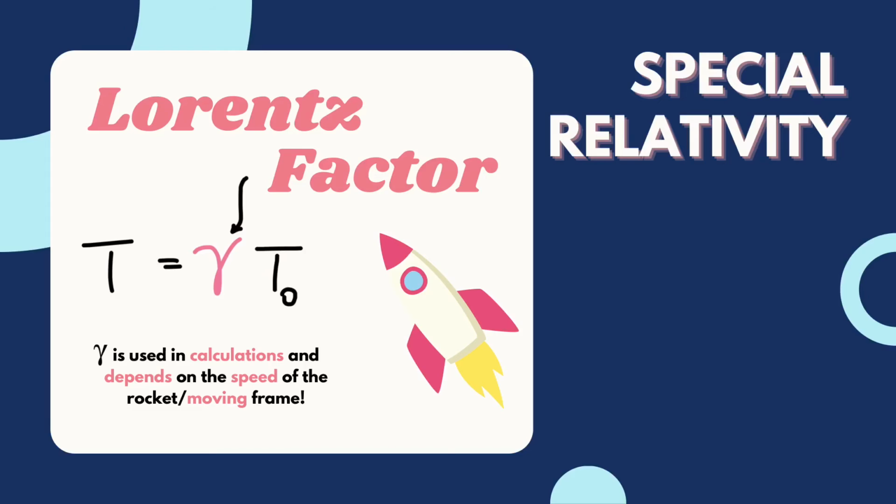So the faster you go, the bigger the difference there is between your observation and that of the person in the rocket. And since we can't go nearly as fast as we need to see these relativistic effects in our everyday lives, these changes are not intuitive to us, which makes them very difficult to understand.